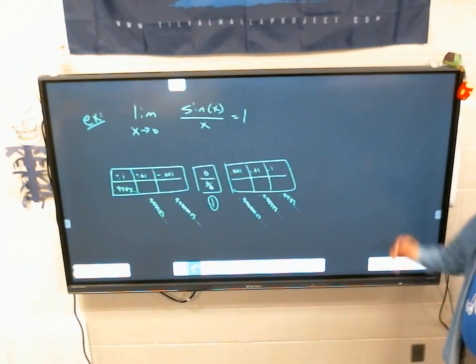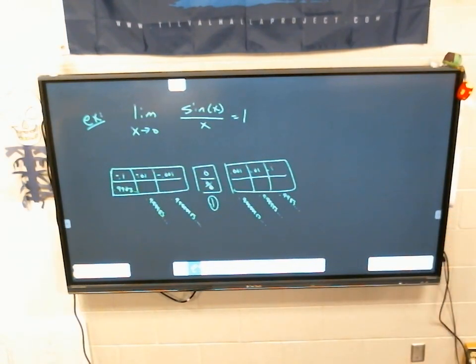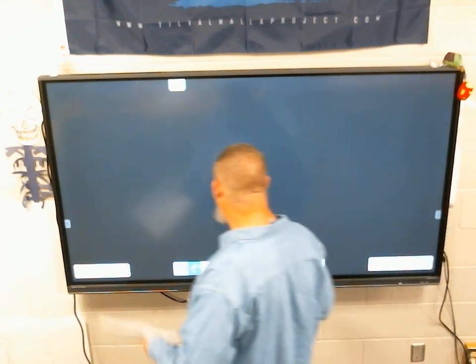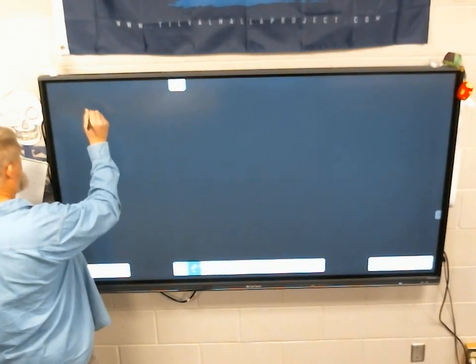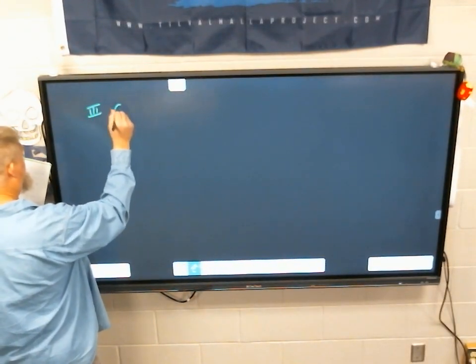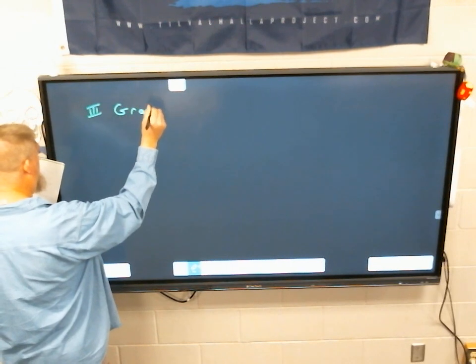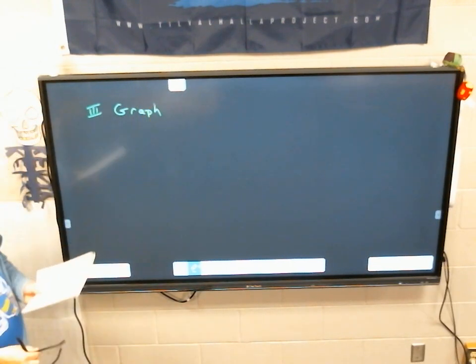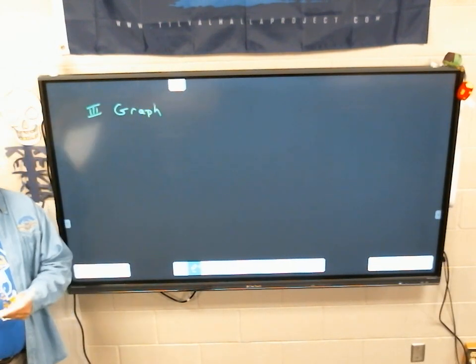Okay, so we got the idea of a table, and you can also do it graphically. Let's look at the idea of graphically and then kind of build on it a little bit. Roman numeral 3. What about from a graph? All right, you have to sketch a few graphs here with me.